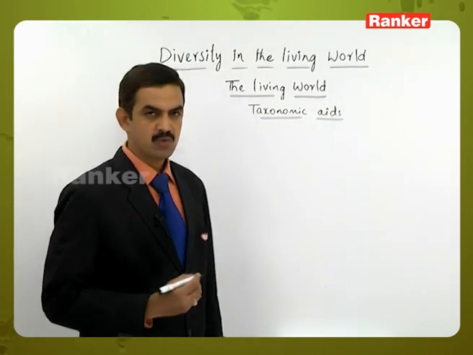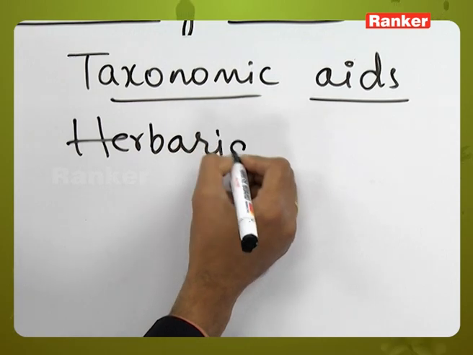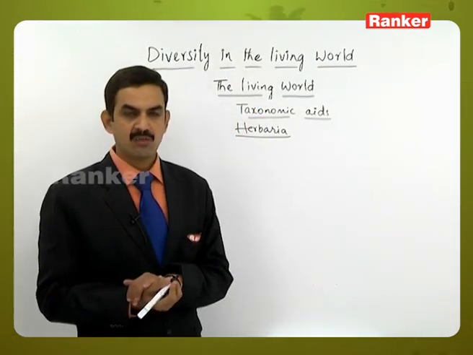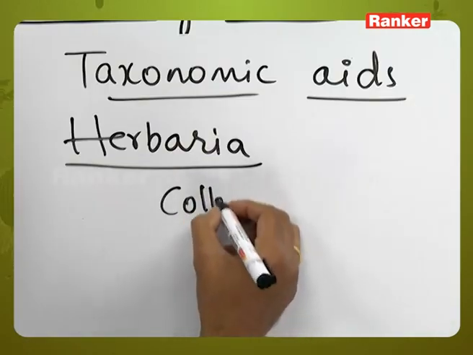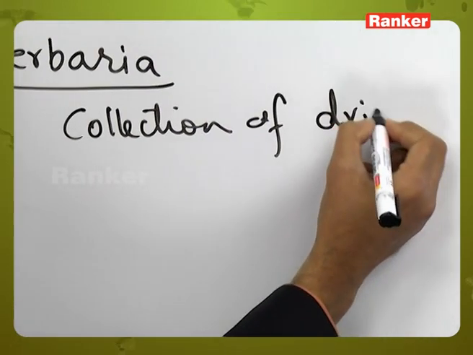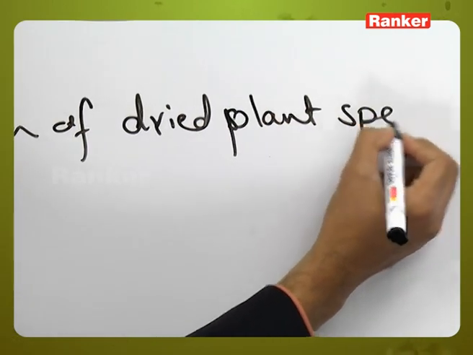Okay, let us start with the first one, that is herbaria or herbarium. Herbaria is nothing but the collection of dried plant species. The collection of dried plant species is called herbarium.